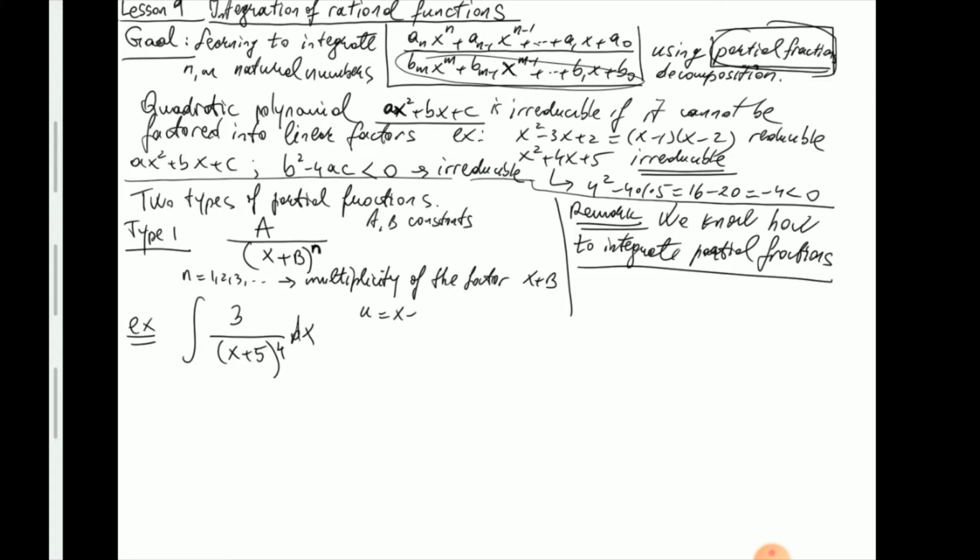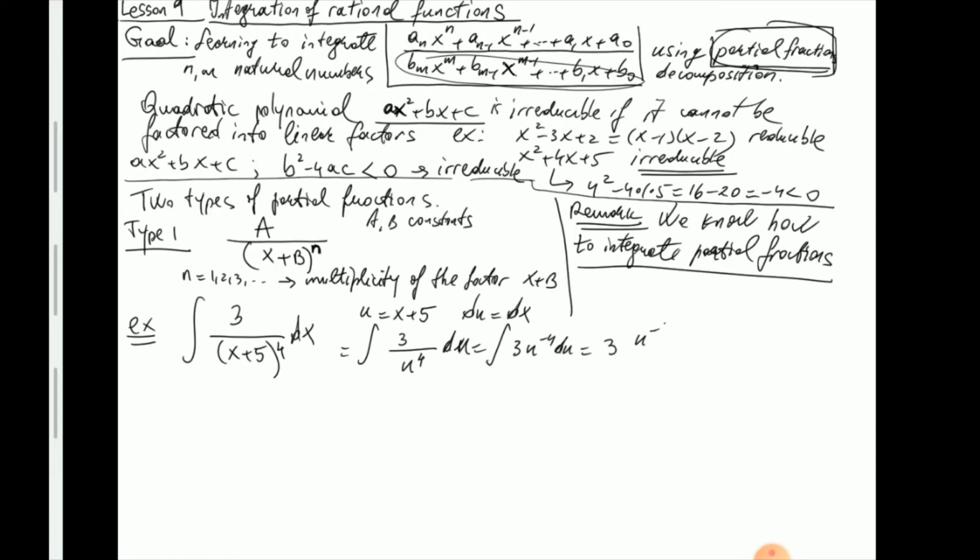So we can substitute x plus 5 with u. du becomes 1 times dx. So then the integral in terms of the new variable u is going to be 3 over u to the 4th du.